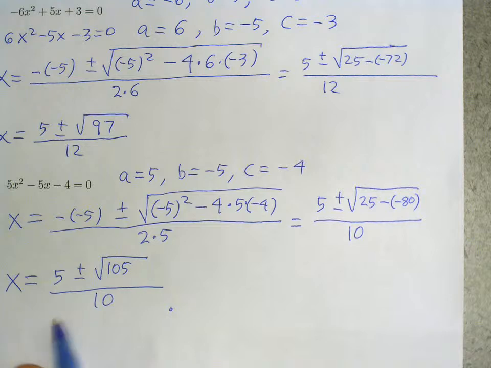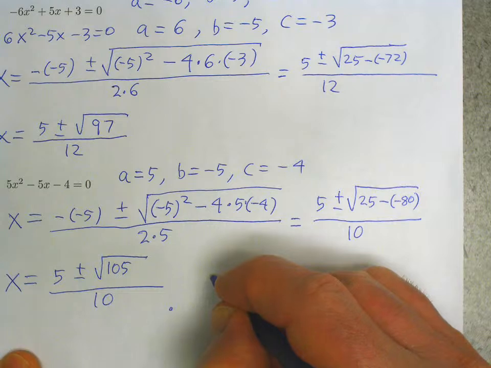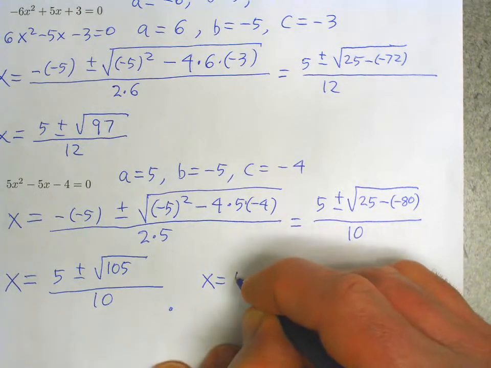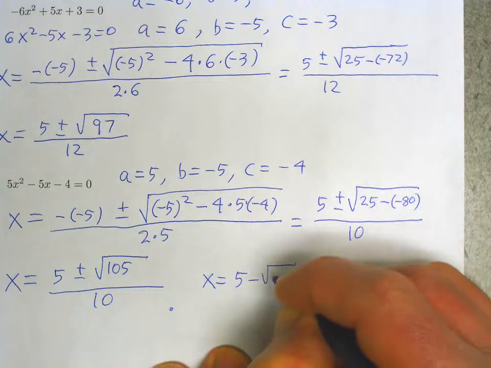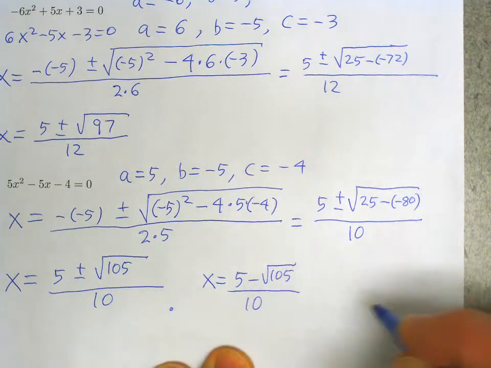But let's practice writing the solutions separately, because you have to know how to do that too. So one of the solutions is 5 minus the square root of 105 divided by 10.